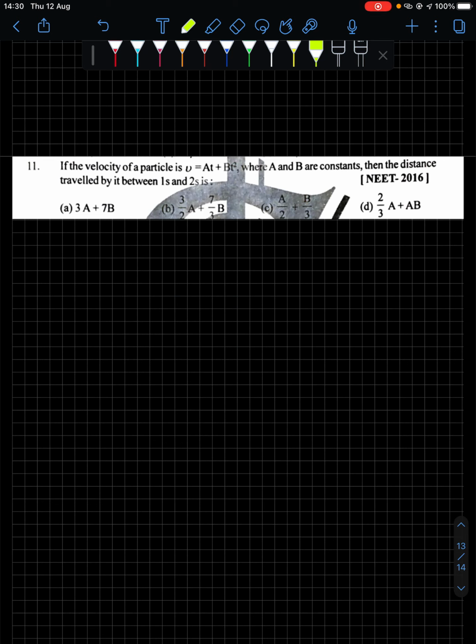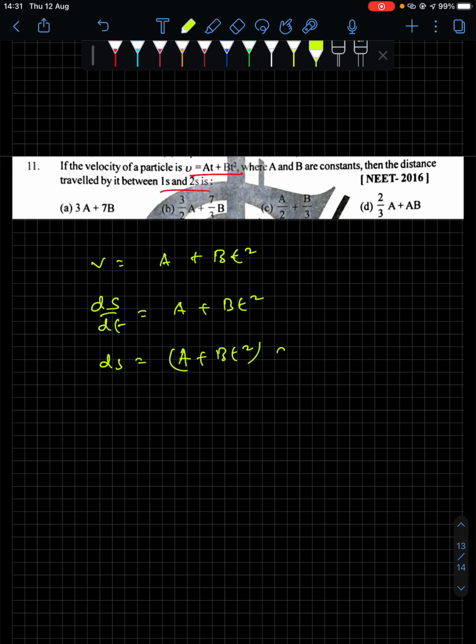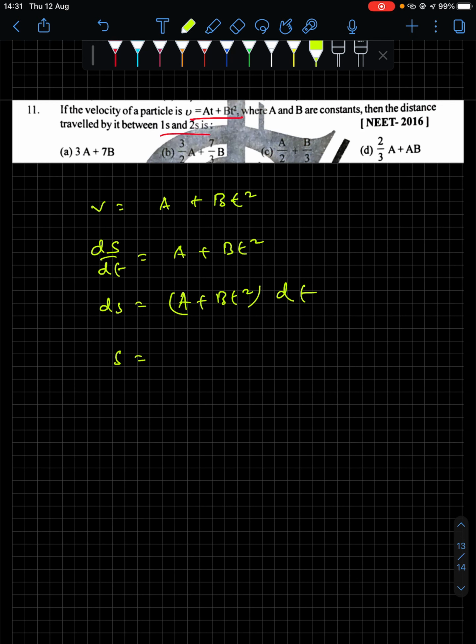Next question, number 11. Velocity is given, a and b are constant, distance travelled between 1 and 2 seconds is what? So velocity is a plus bt square. Now ds by dt equals to, you have to find out distance travelled, right? a plus bt square. So ds equals a plus bt square dt. Now if you integrate, you get s equal to at plus bt cube by 3.